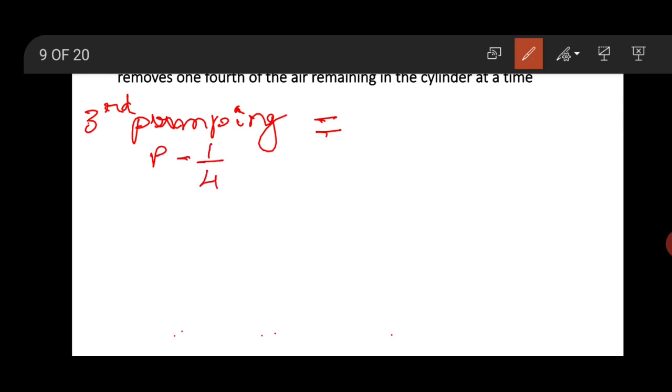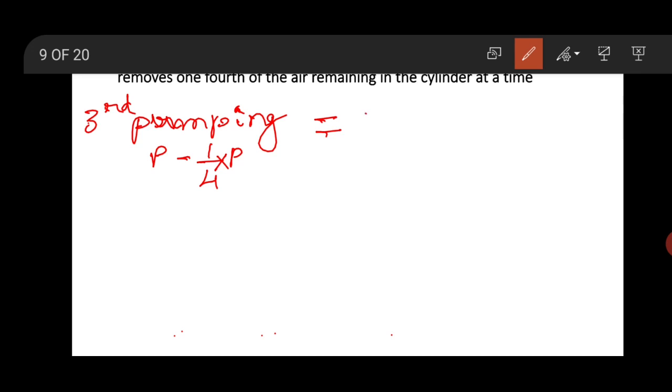Again, after the third pumping, what is the air present in the cylinder? Present air minus 1/4 of the present air.